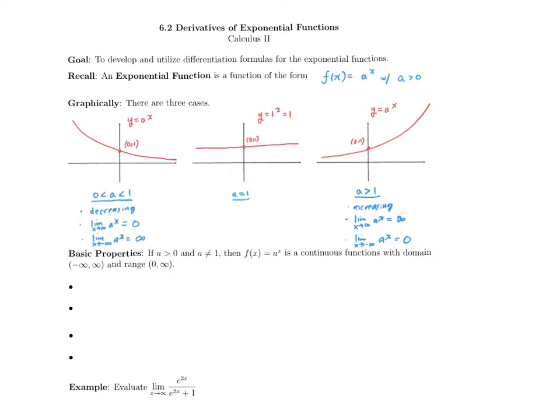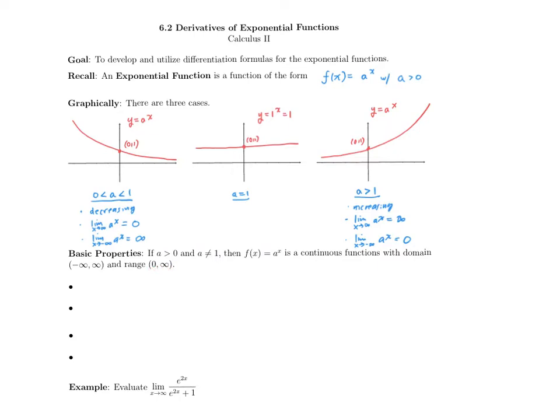So continuing on with the basic properties, as long as a is positive and a is not equal to 1, so we're kind of ruling out this middle case, mainly because it's really not that interesting, then f of x equals a to the x is a continuous function with domain being all possible inputs, and its range is all possible positive outputs.